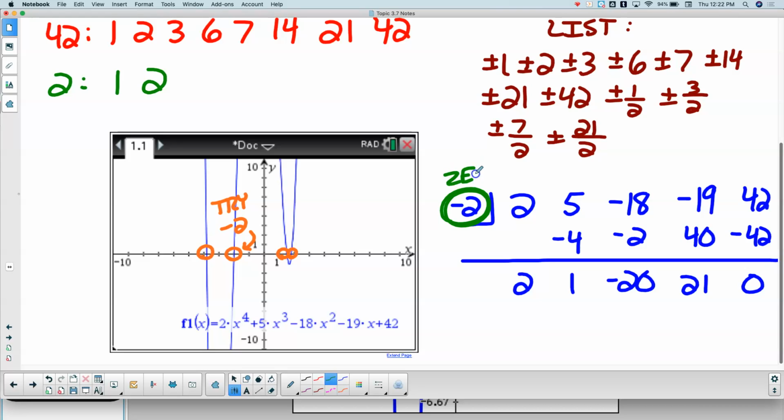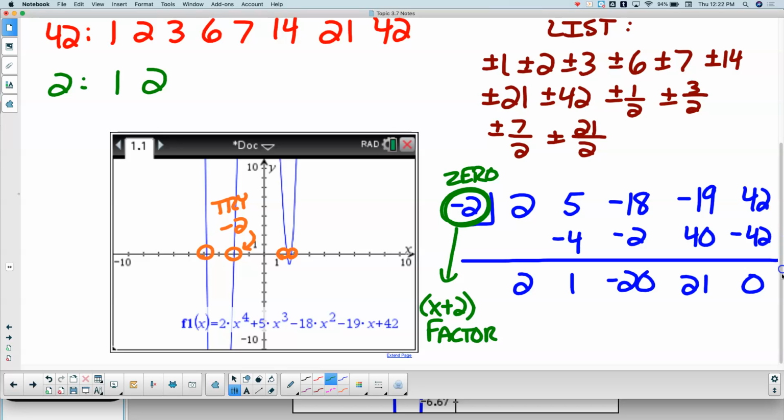What does that mean? What's the factor? X plus 2 is the factor. Okay?